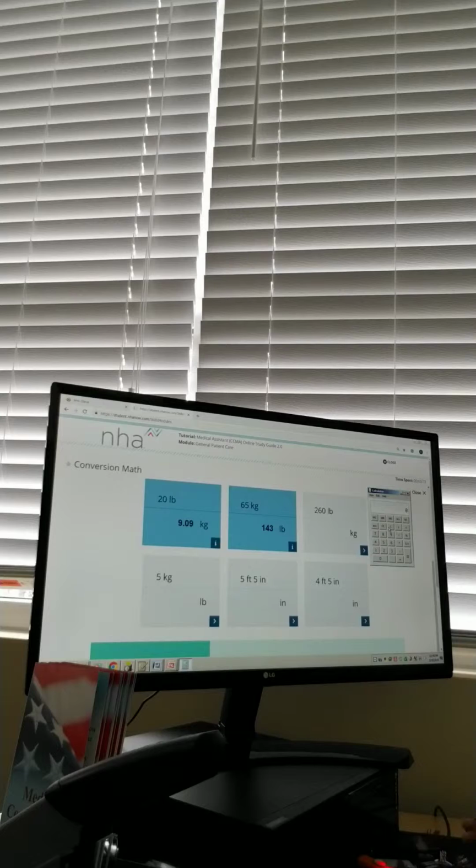Then the third one is to convert to kg. 266 divided by 2.2 is 118.18, yes? So 118.18, or maybe you can also round it. Okay.